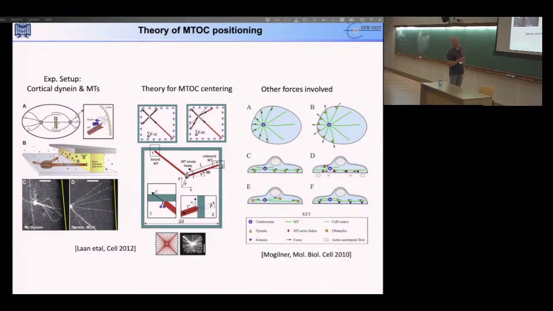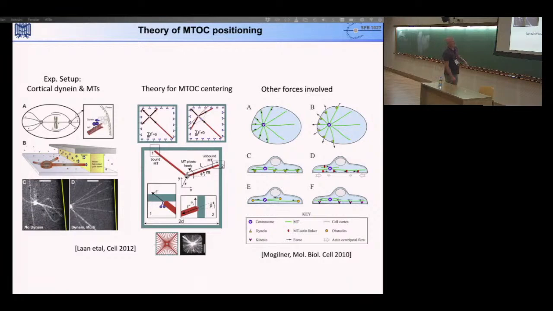And when a dynein catches a microtubule, then indeed the tip of the microtubule is pulled against this barrier and gets shorter and depolymerized.